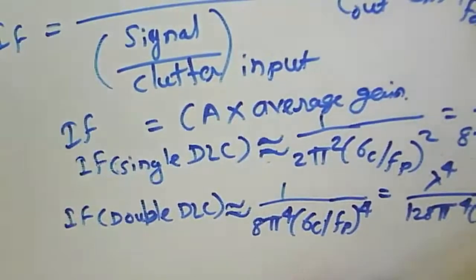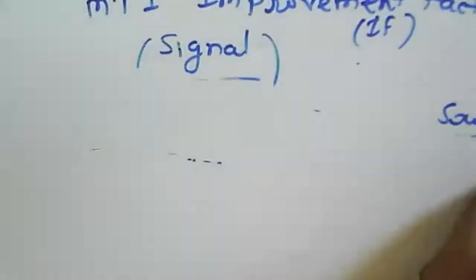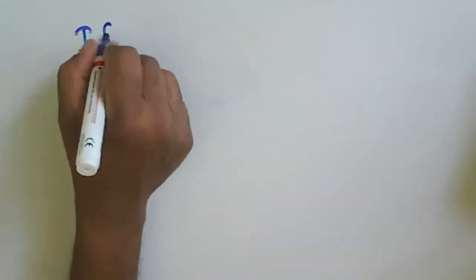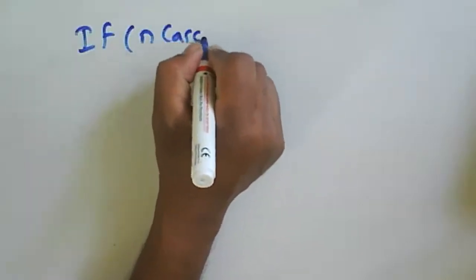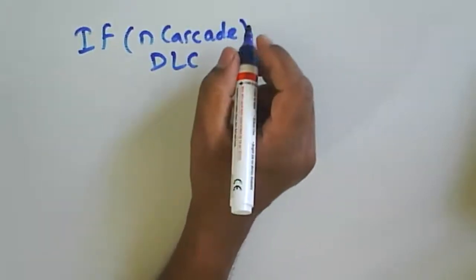If there will be nth delay line cancellers, what will happen? What will the IF be in terms of n? Instead of that, we write nth here, nth order of filter. So we can write the improvement factor for the nth cascade delay line canceller.